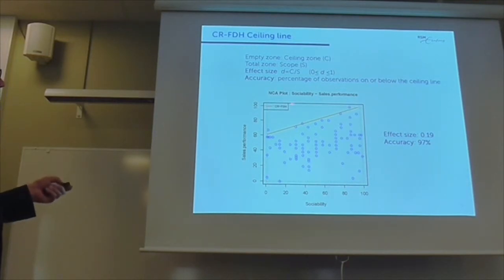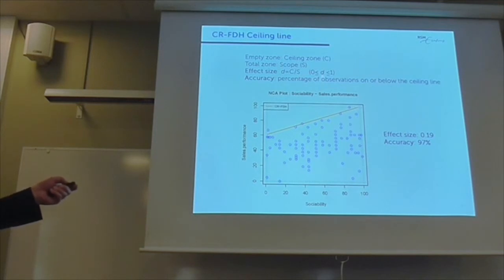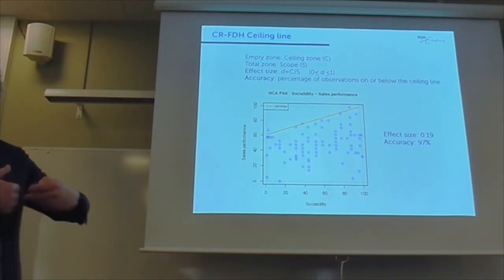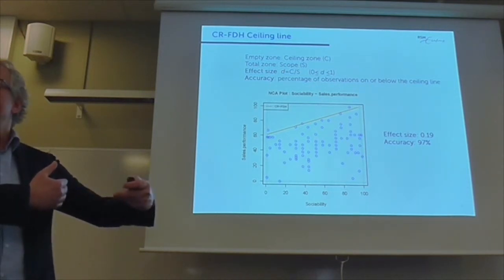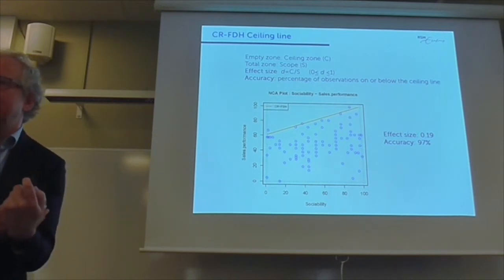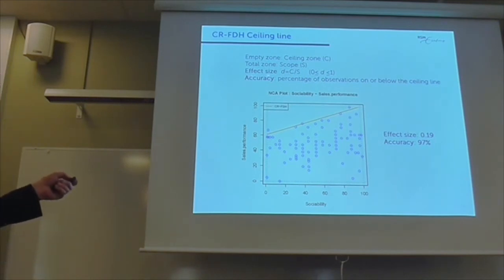You divide the empty space by the total space, and that's called the effect size, which can have a value between 0 and 1. So it is a kind of size of the necessary condition. It is a kind of constraint, you can call it. The lower the line, the more x constrains y. So the larger this space, the more necessity effect x has on y. Therefore we call it an effect size.